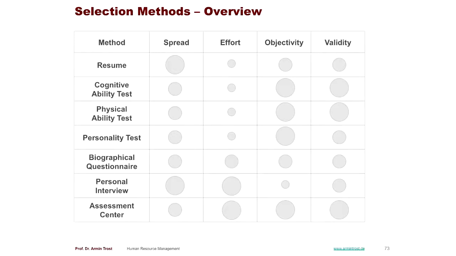When we look at tests, we have two different major categories. One category is personality tests or trait tests. With personality, there is nothing good or bad. Personality is as it is. The other category is ability tests.